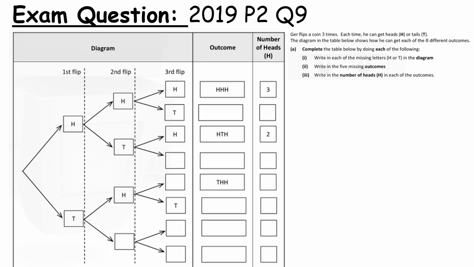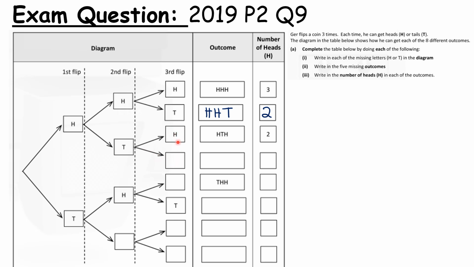Okay, so let's start by filling in our H or T. So far we can see, if I just track through, we have heads, heads, heads, heads, heads, tails. So we could fill in this outcome here. So this is heads, heads, tails, and there's 2 heads there. Then we can do heads, tails, heads, and that's filled in fully. Then heads, tails, and a blank.